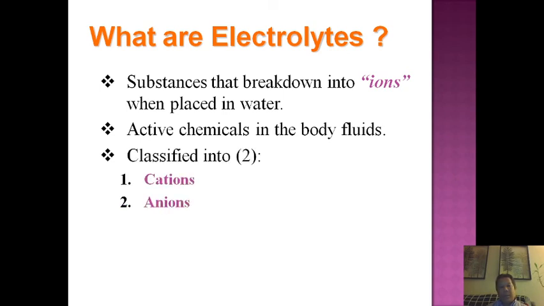There are two types of electrolytes in body fluids. Those that have a positive charge are called cations, and the ones with a negative charge are called anions. Their strength is, of course, expressed in milliequivalents per liter.